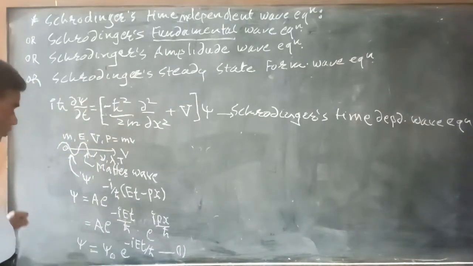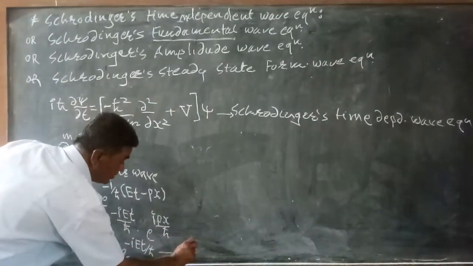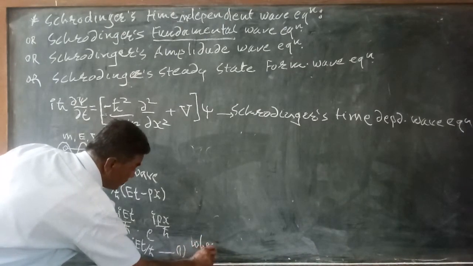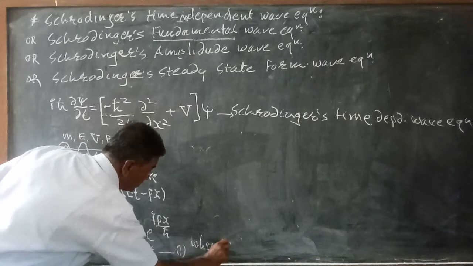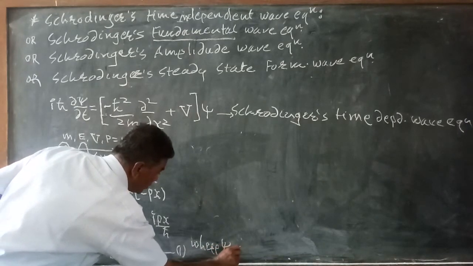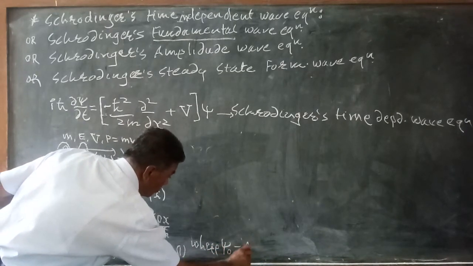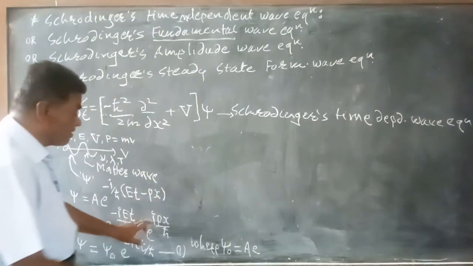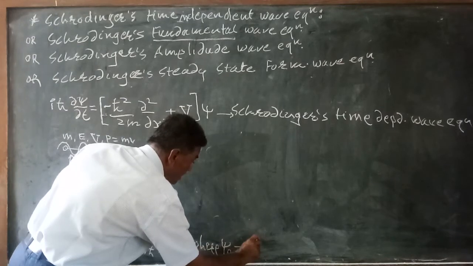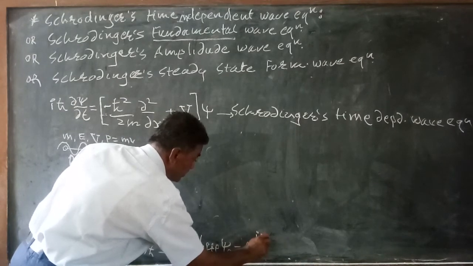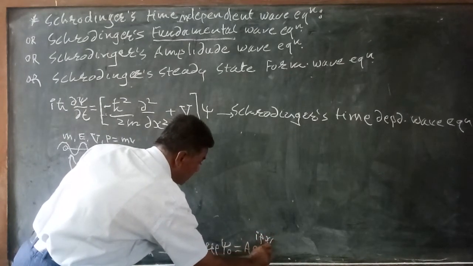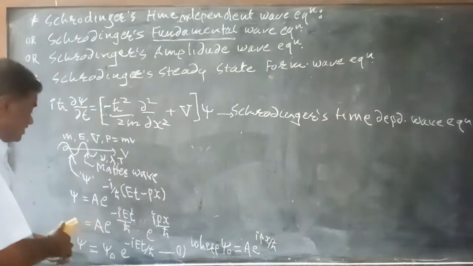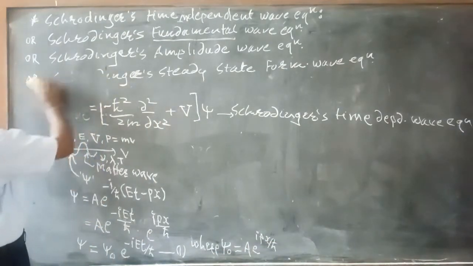Here psi 0 is equal to A into e to the power minus ipx divided by h cut. So this is equation 1 here.